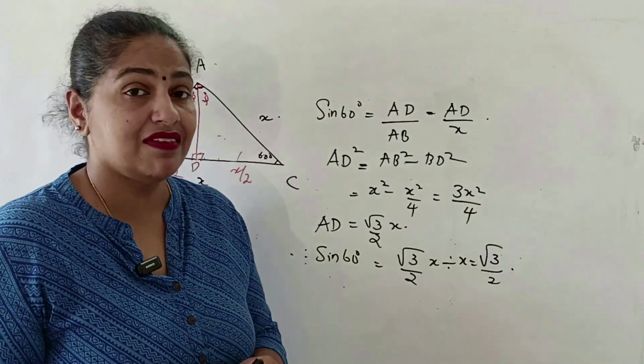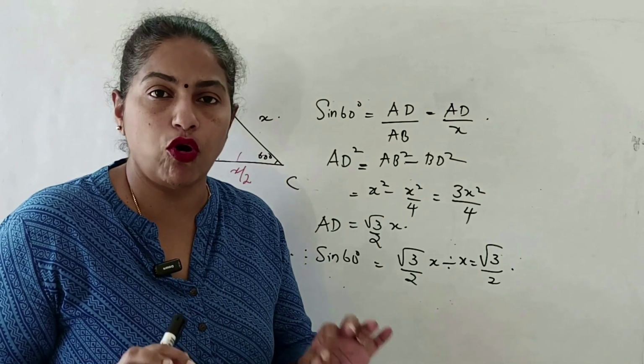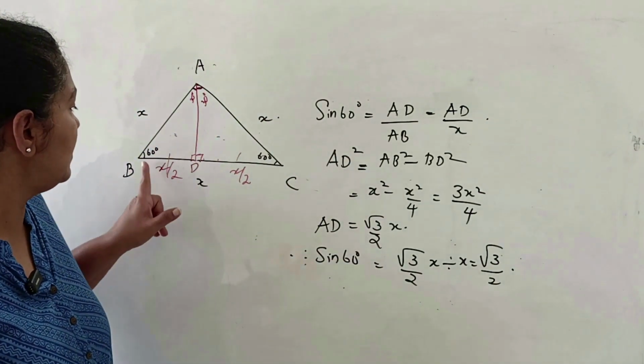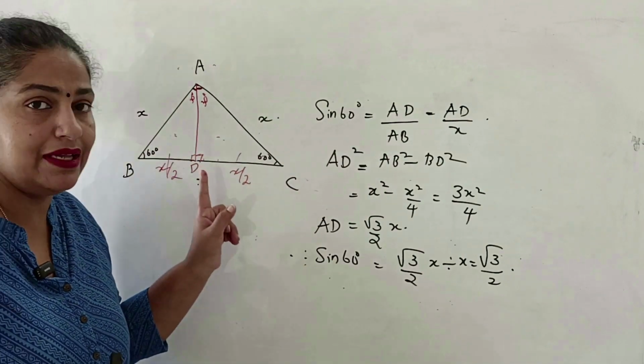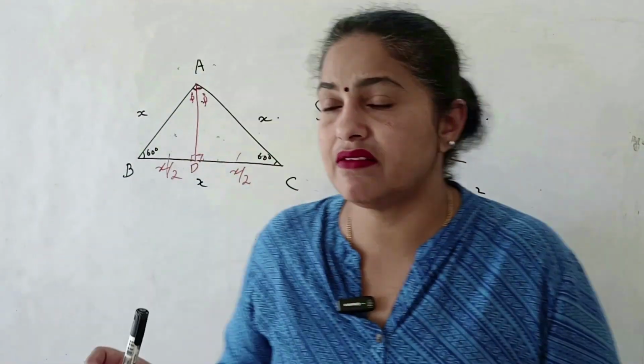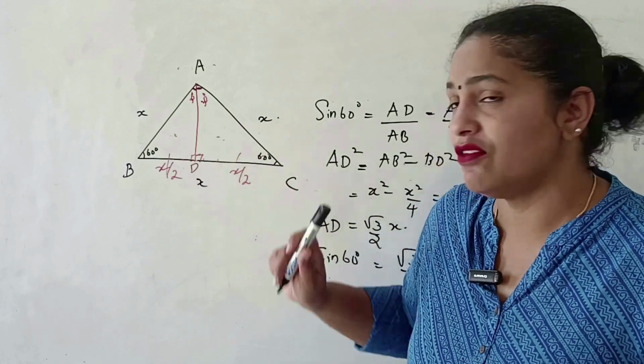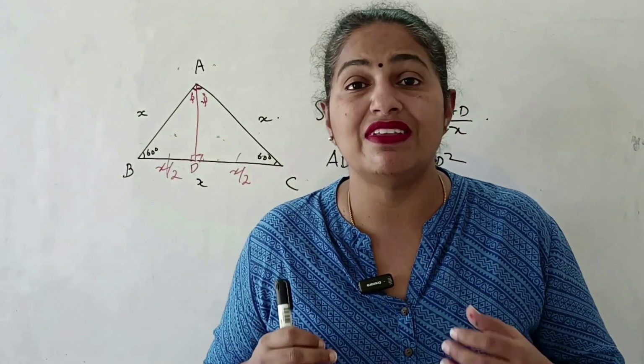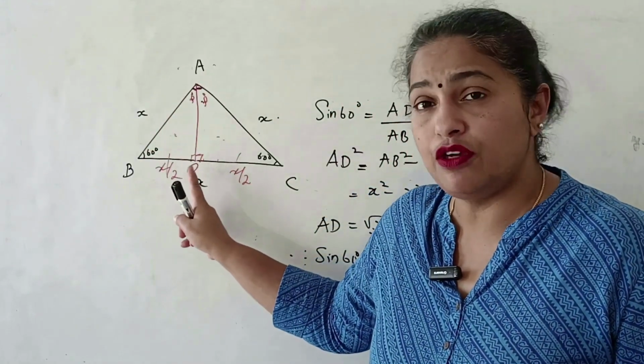I am starting with sine 60. Sine 60 is opposite side to angle 60 by hypotenuse. So I am taking the right angle triangle ABD. Now when I am taking sine 60, what is the opposite side? AD is the opposite side and AB is the hypotenuse. I know the value of AB, which is x, but I do not know the value of AD.